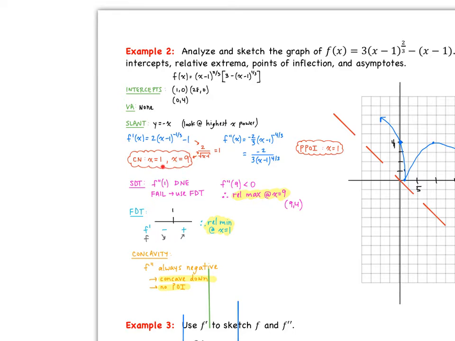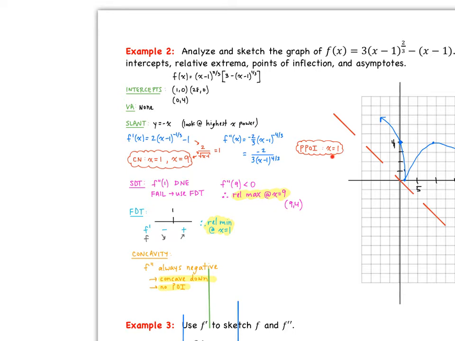So we get two critical numbers, okay? I'm going to move on to find the second derivative. So when we find the second derivative and clean things up, we're going to get negative 2 over 3 times x minus 1 to the 4/3. It's only undefined at x equals 1, okay?